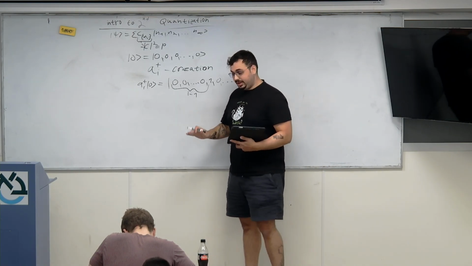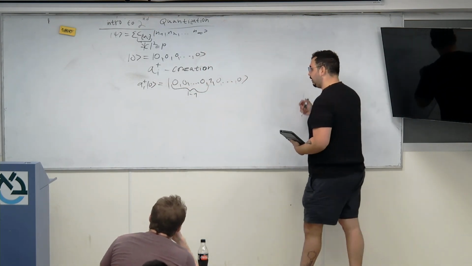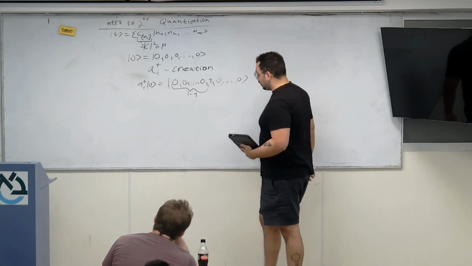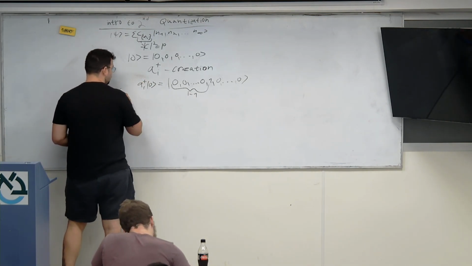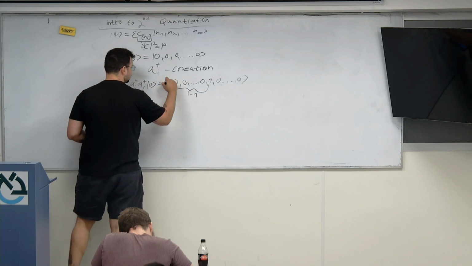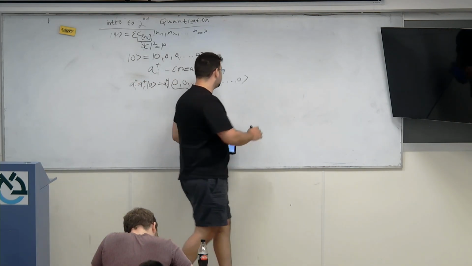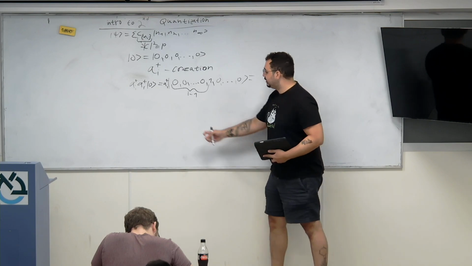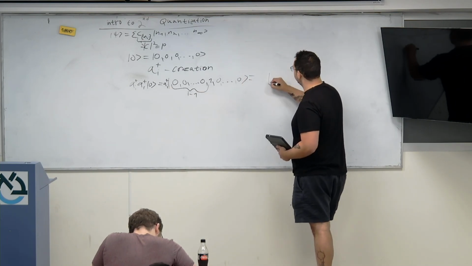For now, this is a magical operator to just put a phonon where I want. What if I want to do it again? So now I apply a_i dagger again to add another phonon. Well, that's simple. I just go again to the i spot and put another phonon in there.